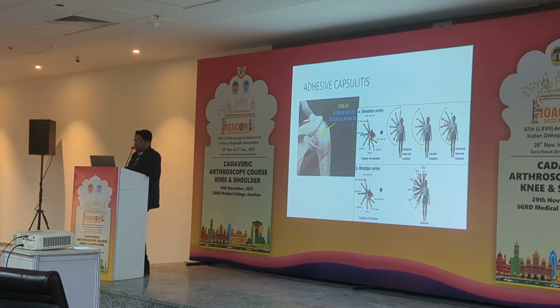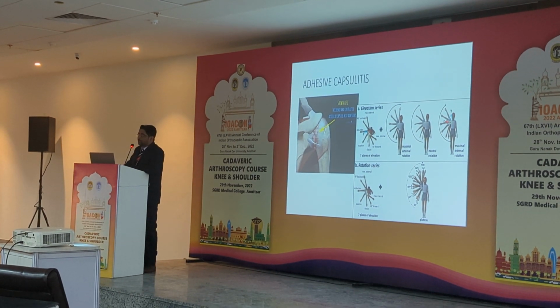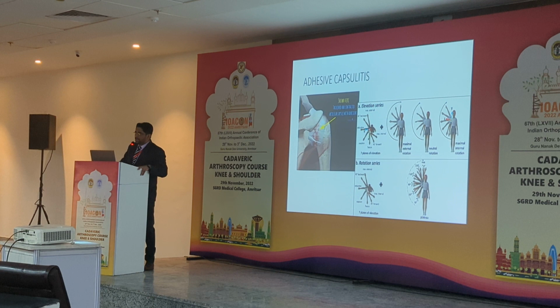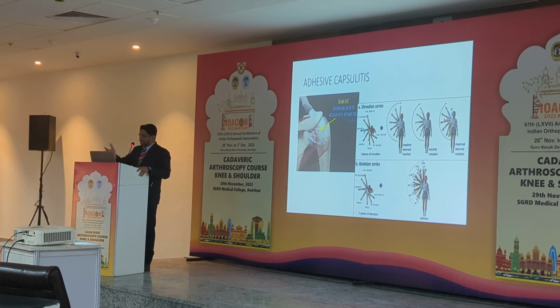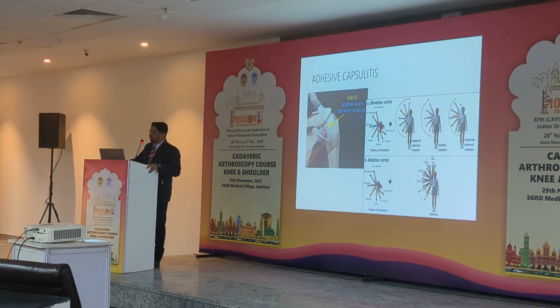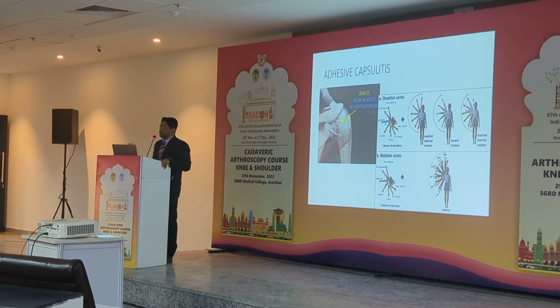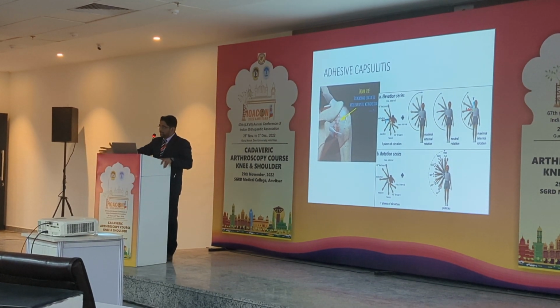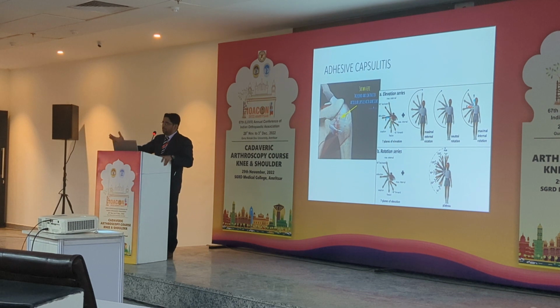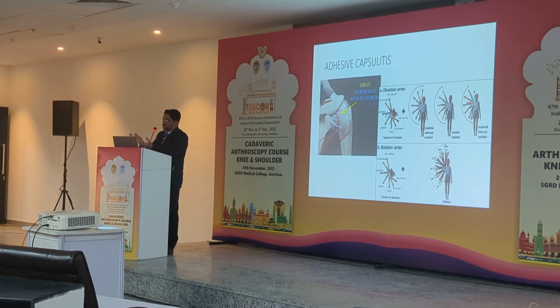And the last, which is most common, is adhesive capsulitis. How can we diagnose adhesive capsulitis clinically? In all other pathologies, we can do active range of motion. But in adhesive capsulitis, we can't even lift the patient's hand by applying pressure ourselves.